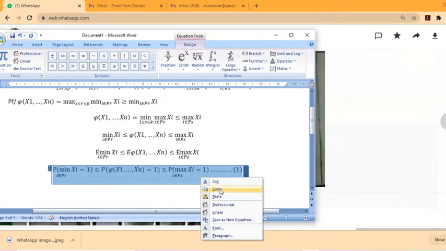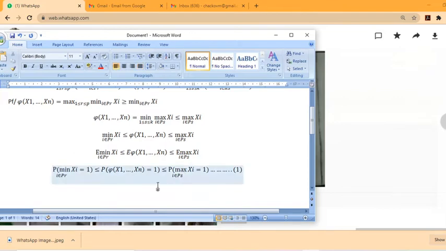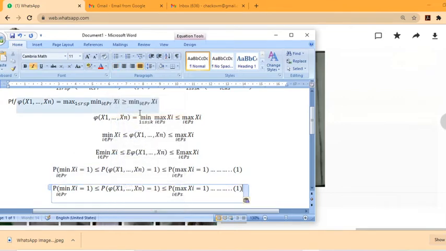Now we have this expression, and we can maximize this expression, equation number 1, with respect to r, for 1 less than or equal to r less than or equal to p.